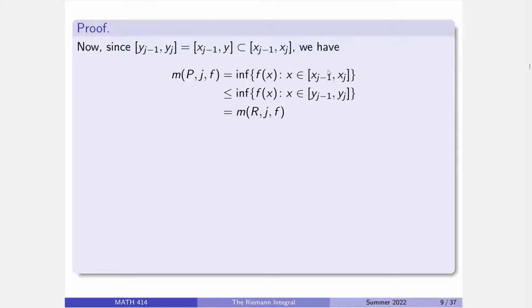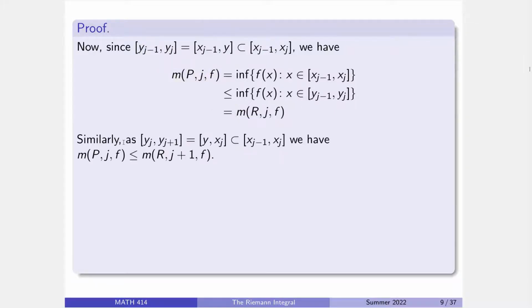All right, beautiful. Okay, so here we see that the jth subinterval of P, the infimum there, cannot exceed the infimum on the jth subinterval of R. So we have this inequality. And similarly, the jth subinterval infimum of the partition P will not exceed the j plus 1 infimum.